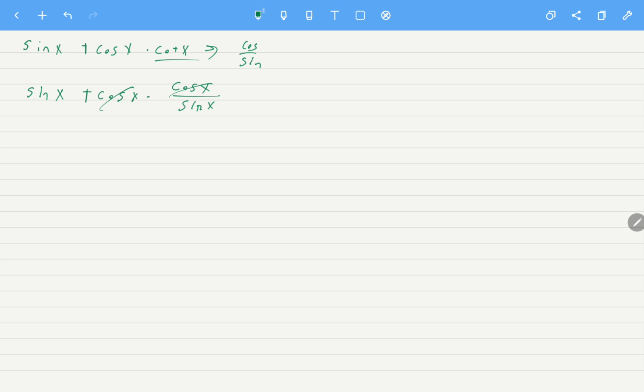So now what we need to do is just cross this out. Oh my god, I'm so sorry. Sorry for misleading you guys. Cosine of x times cosine of x. This becomes sine x plus cosine squared x over sine x. So now we have to find the trig identity for this one.